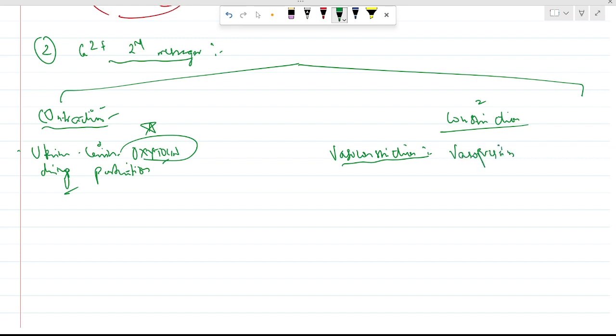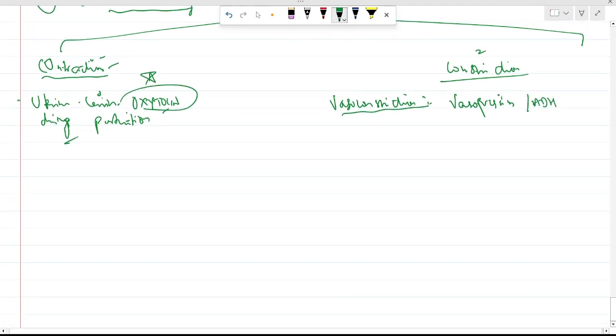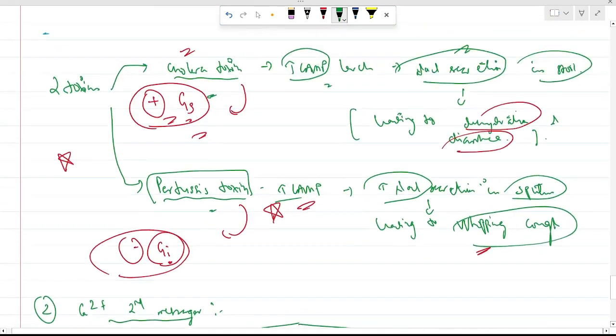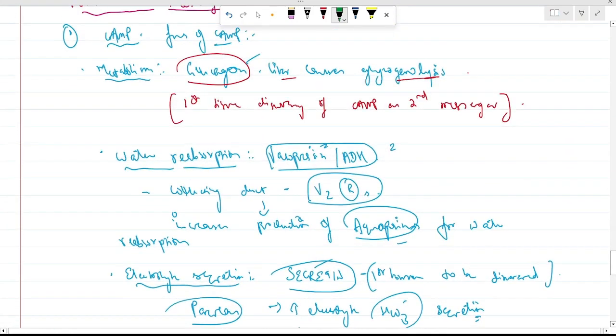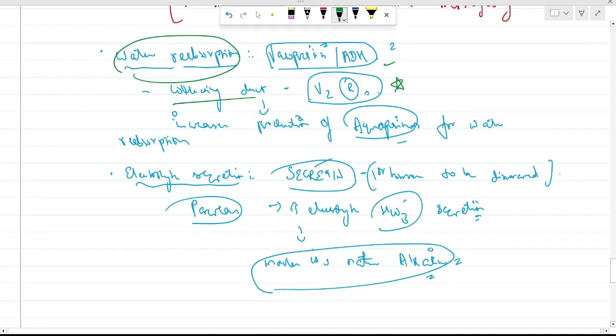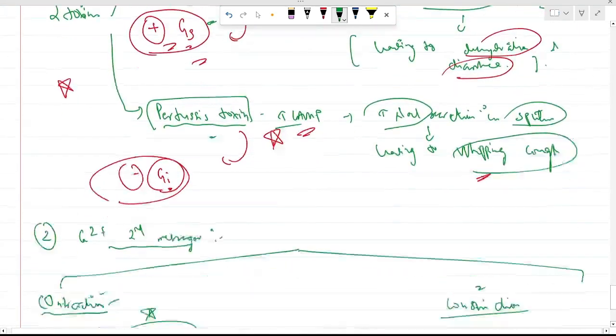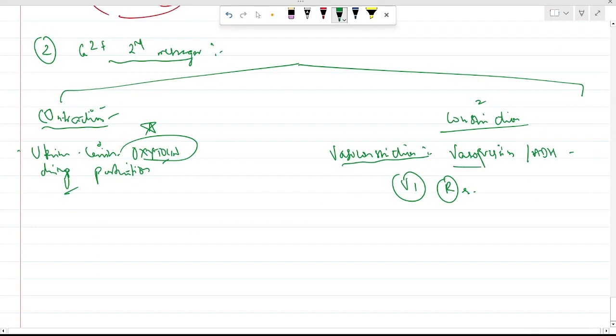We've seen vasopressin, or this antidiuretic hormone, which acts through, remember, V1 receptors. Above within the cyclic AMP, we have seen vasopressin acts for water reabsorption through V2 receptors in the collecting duct. But here, for vasoconstriction, this vasopressin or antidiuretic hormone acts with the V1 receptors.